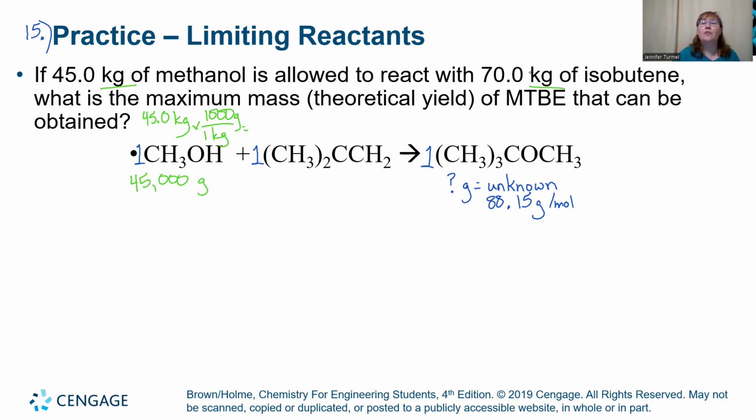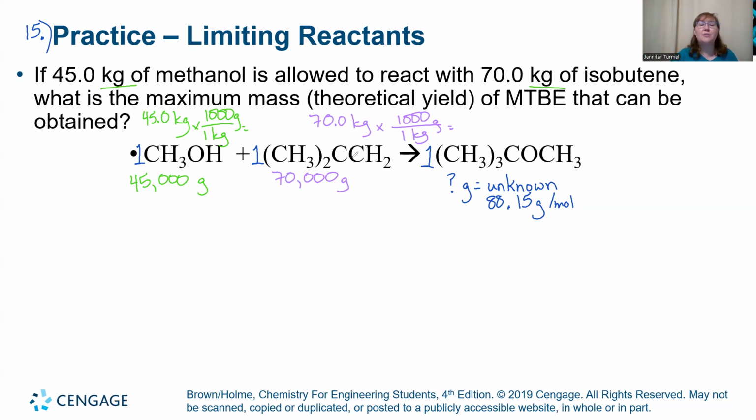And then let's look over here at our isobutane. If we have 70 kilograms of our isobutane, and we need to convert from kilograms to grams, then that will give us 70,000 grams of our isobutane. Okay, so next let's take a look at our molar masses.